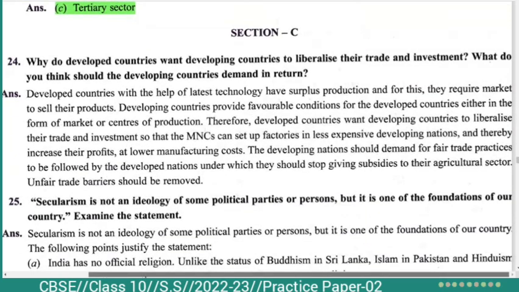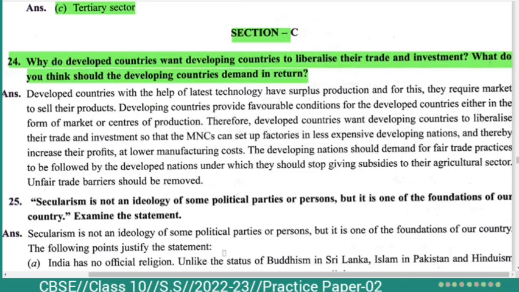Now section C, question number 24. Why do developed countries want developing countries to liberalize their trade and investment? What do you think should the developing countries demand in return? Answer: developed countries with the help of latest technology have surplus production, and for this they require market to sell their products.